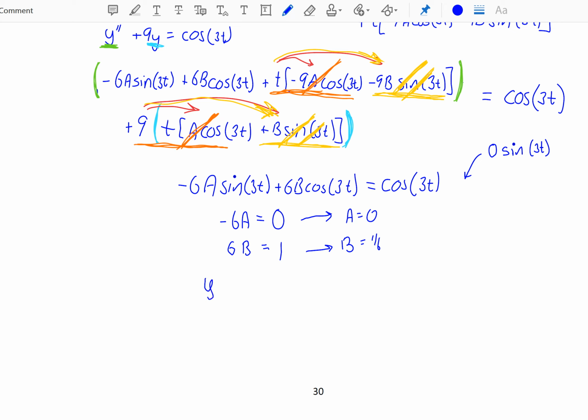Which tells us yp now has to look like 1/6 t sine of 3t. Now, I think it's important to emphasize that our particular solution involved the sine term, even though our original forcing function involved the cosine term. And this is why you have to always guess both sines and cosines.